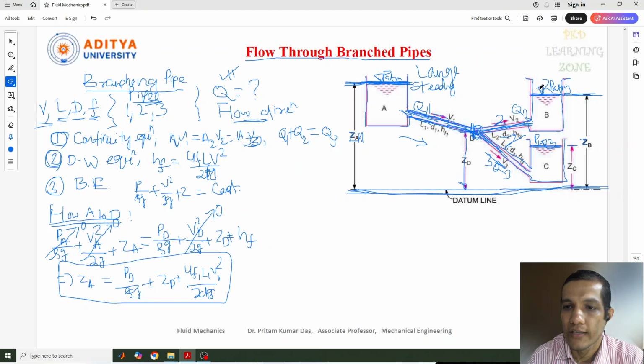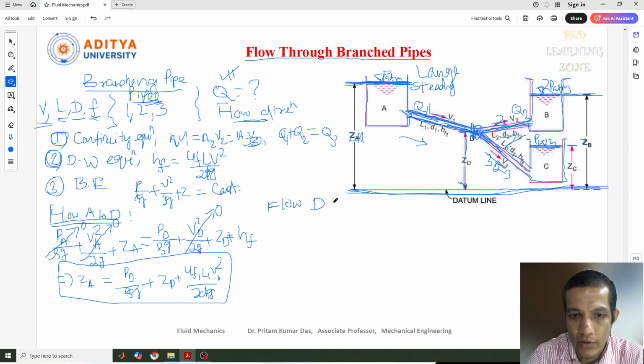I'll write the final one, like how I have written it when the fluid is flowing from A to D point. Similarly, let me write here the flow from D to B point. D to B point means from here to here when it is moving.